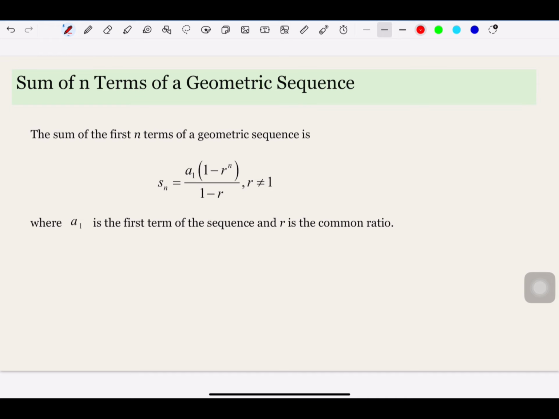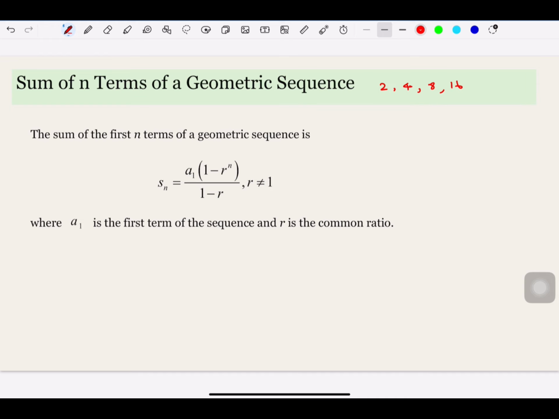So a geometric sequence is a list of numbers where each term is found by multiplying the previous term by the same value, which we call the common ratio. For example, let's say we have a sequence like 2, 4, 8, 16.